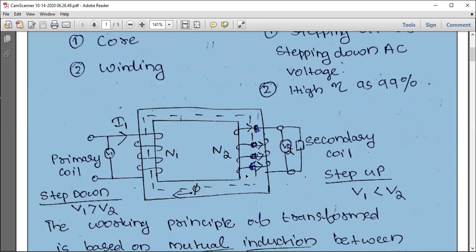I have already explained that rule to you. If the thumb shows current, then the magnetic field is shown by the curl of the right hand. Similarly, if the right-hand curl shows the current, then the direction of the thumb shows the direction of the magnetic field. This is all from the last class.